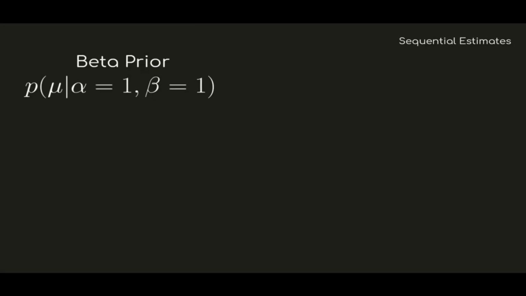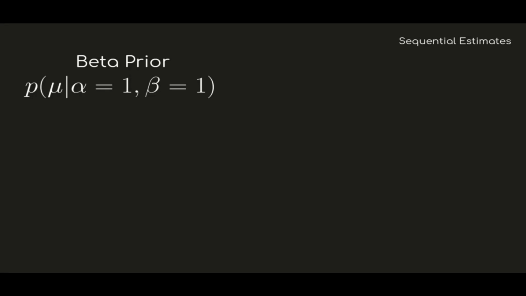What you do first is to assume that this distribution is flat, which means that all possible parameter values are equally likely to happen. This means that our parameter, the probability of getting tails, can be any real number from 0 to 1 with an equal chance. We represent this with a beta distribution with parameters alpha and beta both equal to 1.